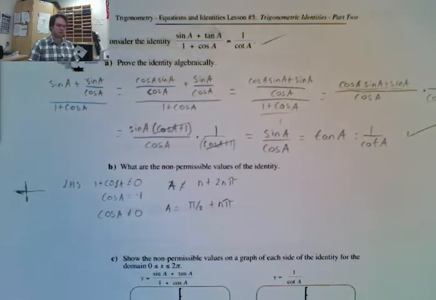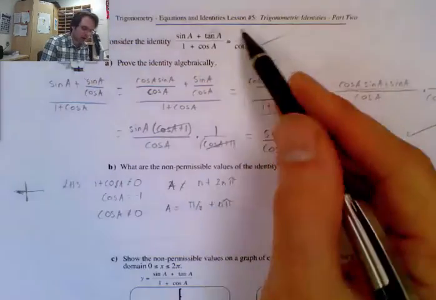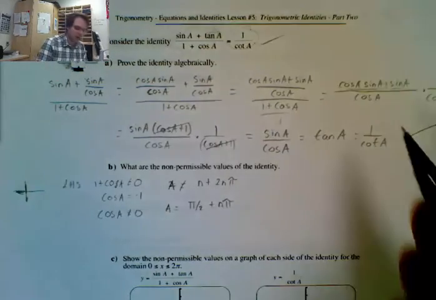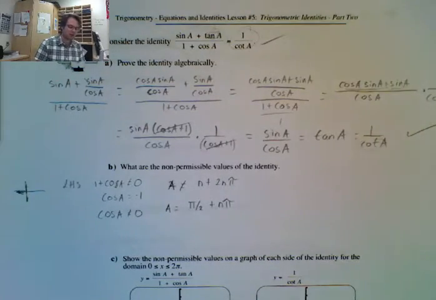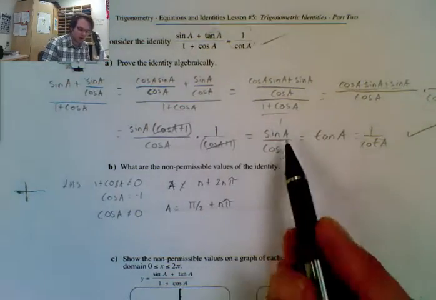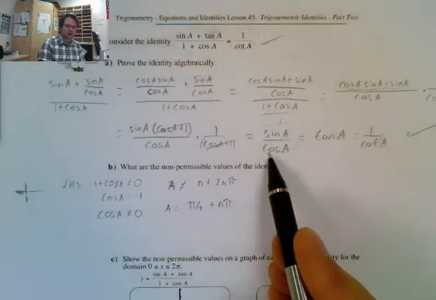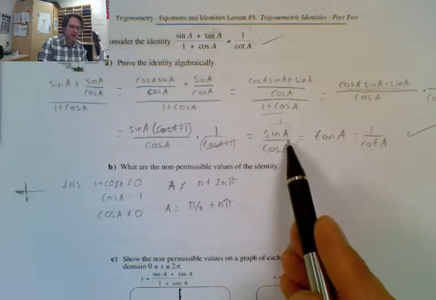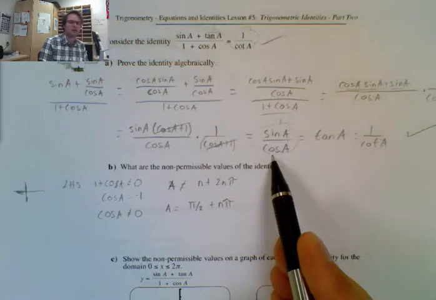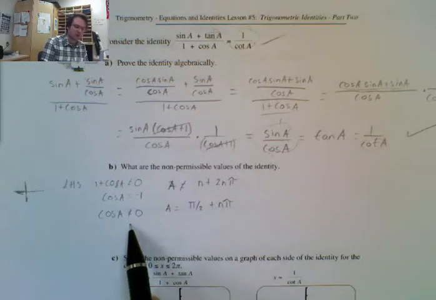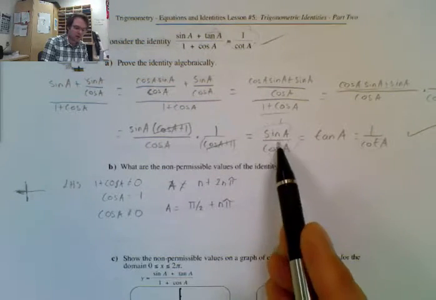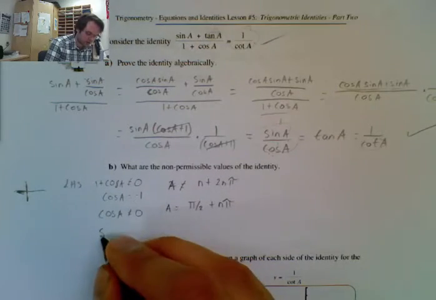Okay, for the tan. Now if we look at my right-hand side, I know that cotangent cannot equal 0 as well. And we know cotangent is the same as this here, so we have sine A cannot equal 0 and cos A cannot equal 0, but we already did cos A cannot equal 0 here, so now we're going to look at sine A cannot equal 0.